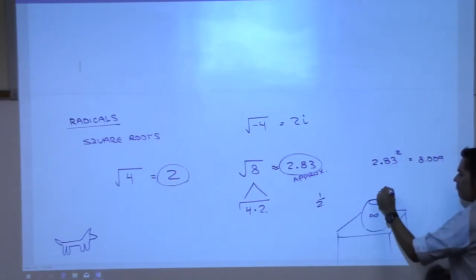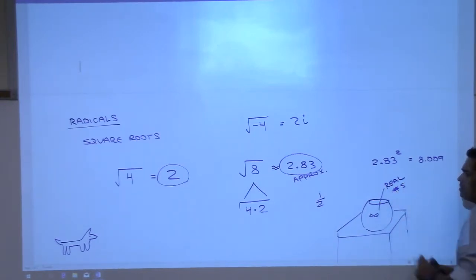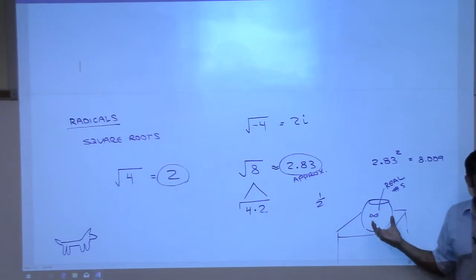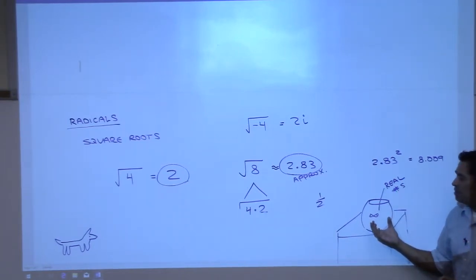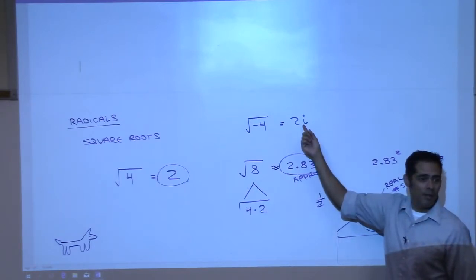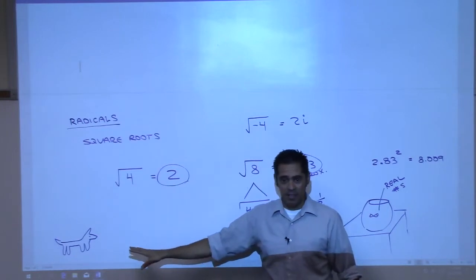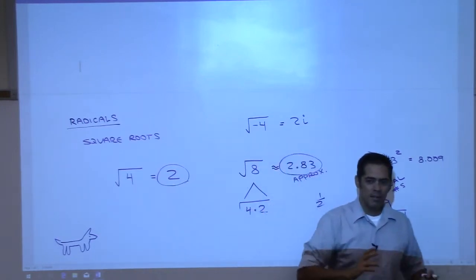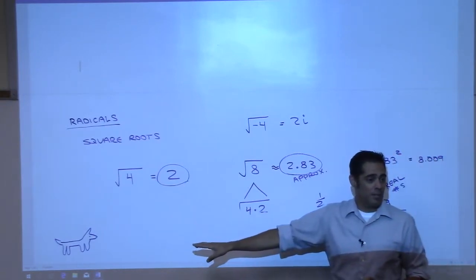And those numbers are fine, in the universe that you deal with your whole life. In math, you deal with real numbers. All I'm going to tell you is this: the imaginary numbers are like the dog. They exist. Just because your universe has always been the real numbers does not mean that the imaginary numbers don't exist.